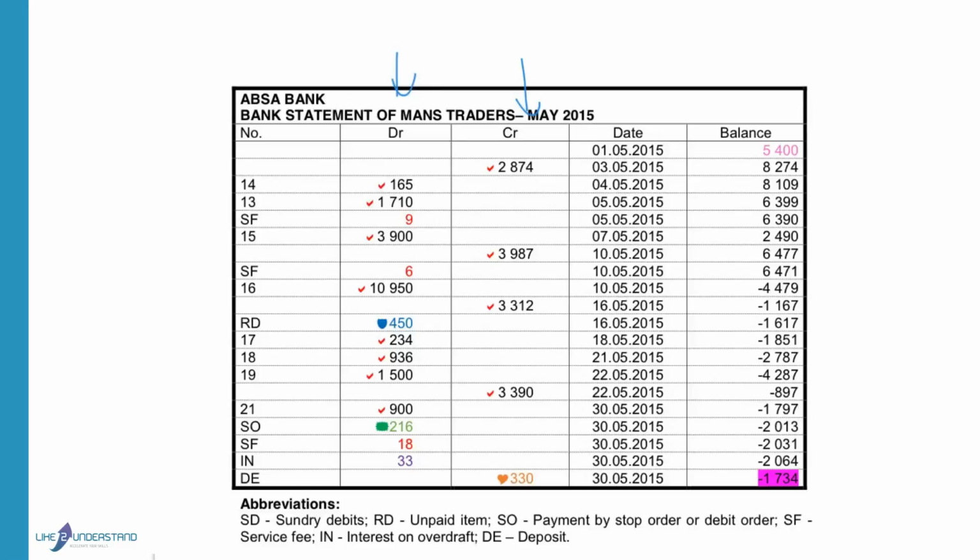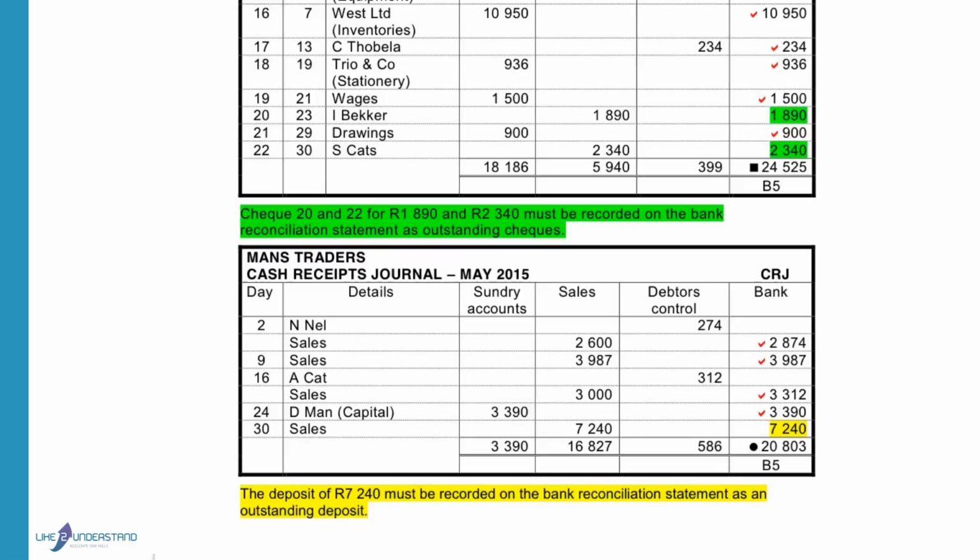Now remember that the figures that appear on the debit side of the bank statement will be recorded in the cash payments journal, and the figures on the credit side of the bank statement will be recorded in the cash receipts journal. We will open a new cash receipts and cash payments journal, and we will start the journals with the totals that we have in the journals that were provided to us.